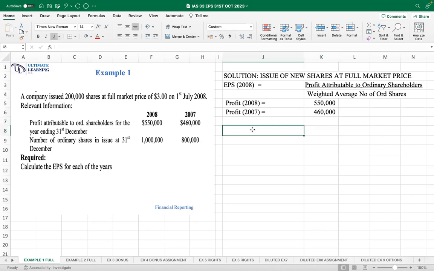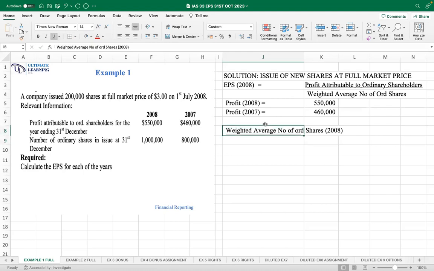And then after we have listed the profit, we need to look for the denominator, which in 2008, we will have to calculate: the weighted average number of ordinary shares in the year 2008.